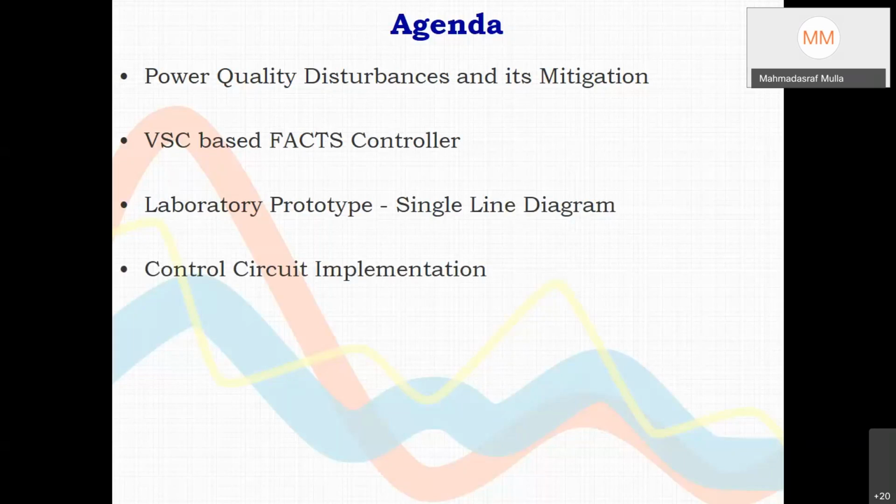Some digital controllers, a microcontroller, where field information, that is load current and load voltage, we are giving as feedback, and then it automatically calculates the reference for the voltage source converter and generates the required lagging or leading current. That part also I will try to explain. And then test results of this series shunt compensator and discussion.